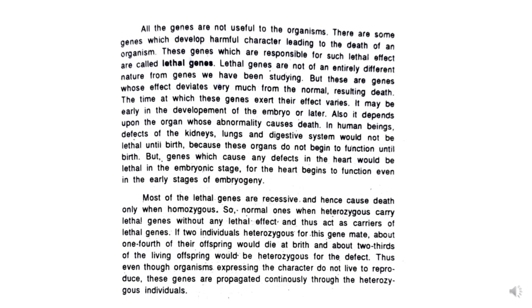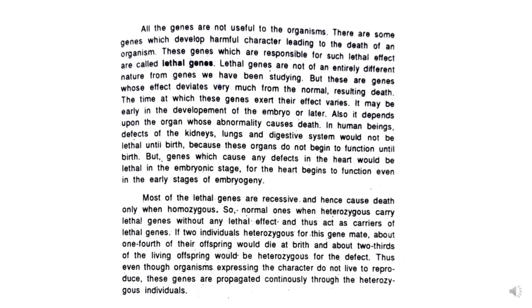If two such heterozygous individuals of these genes mate, then about one fourth of their offspring dies at birth, and about two-fourths of their offspring would be heterozygous for this defect, and they will be carriers.